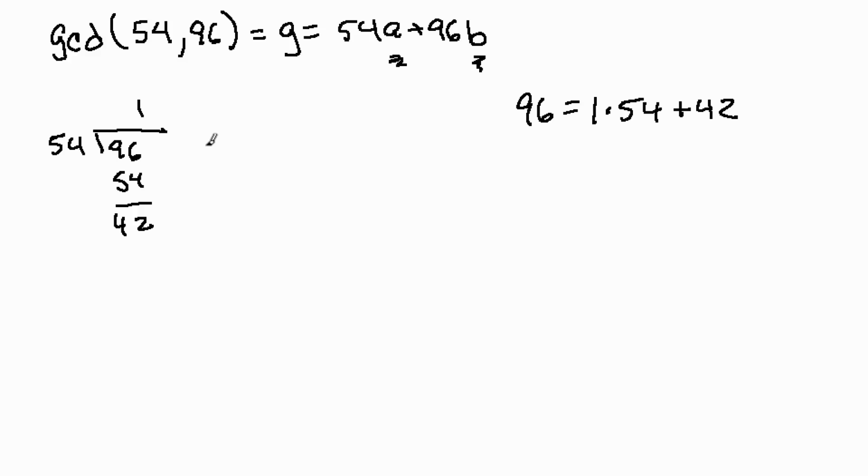Then I'm going to go, well, 42 goes into 54 one time, 42, with a remainder of 12. Remember, what I have over here is a remainder of 42. Over here I have a remainder of 12.